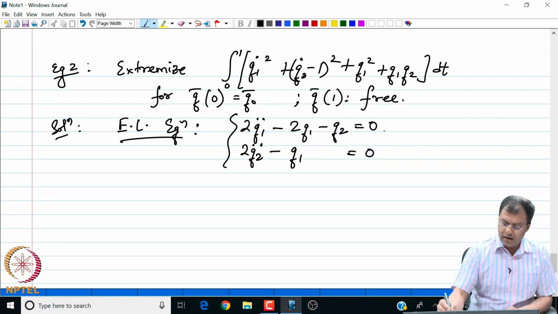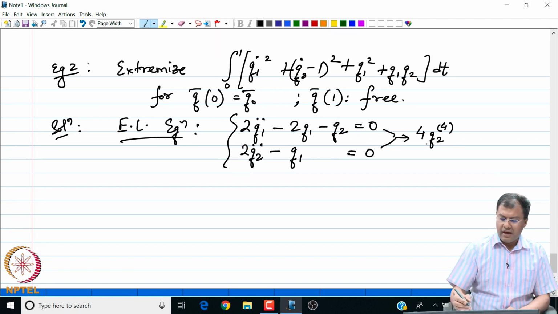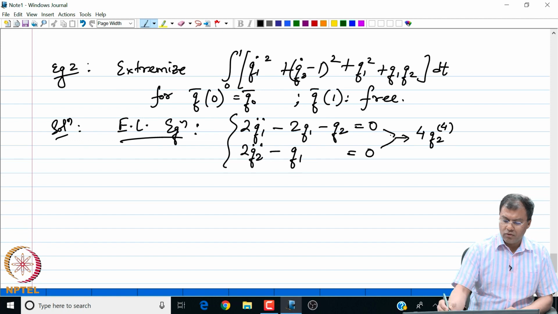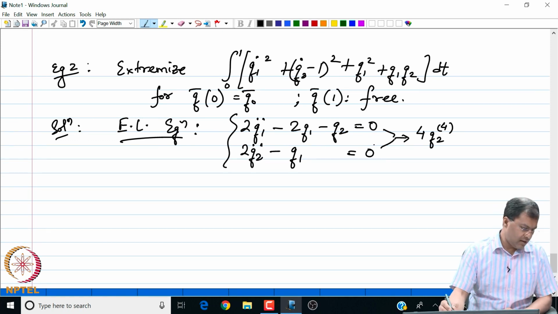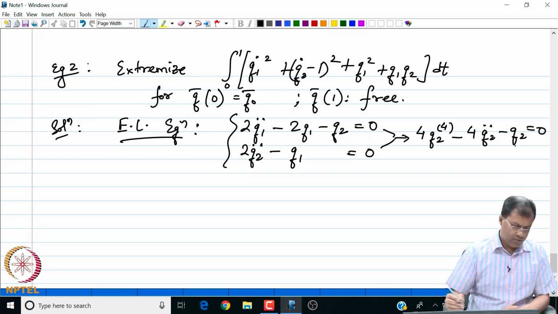So what I am trying to do is to solve; I first eliminate one of the variables by taking the second derivative of the second equation and eliminating q1. I get that this is 4 q2 double dot minus q2 is equal to 0, right.